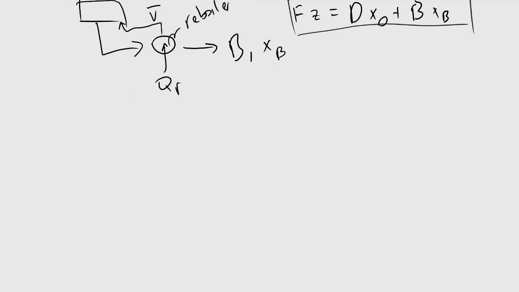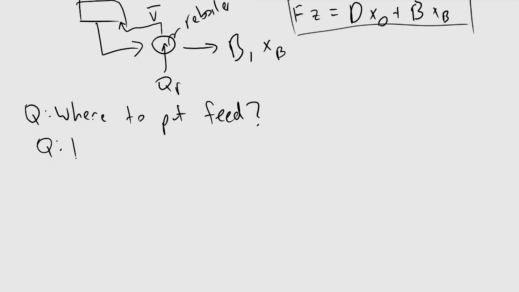So just to write out the motivation for this would be: where to put the feed, so which tray to put the feed at. And another question we would ask is how many trays are needed.